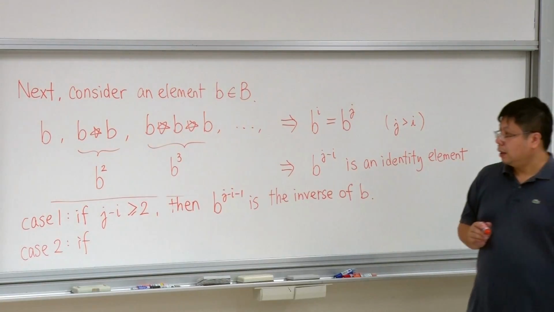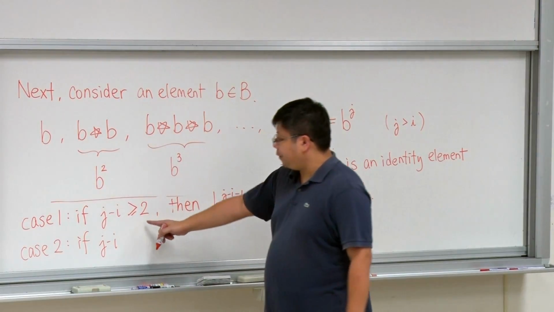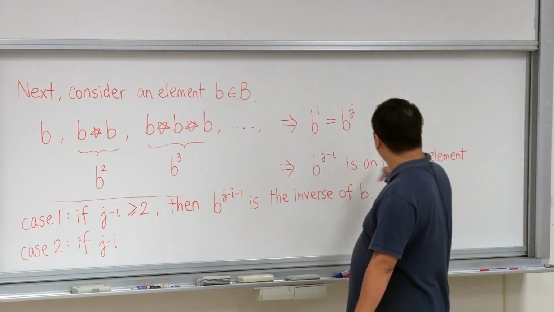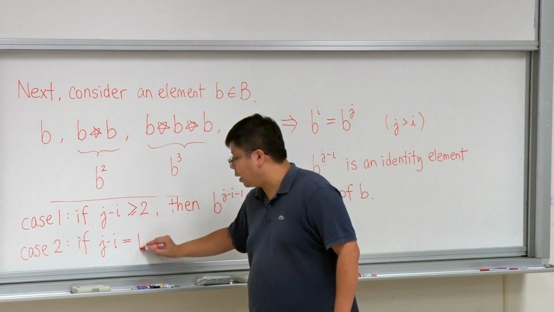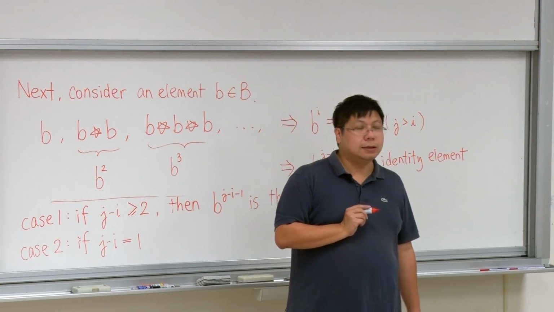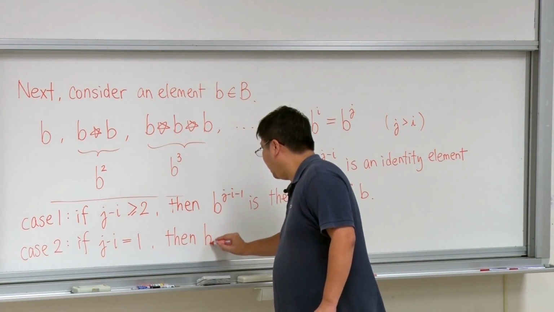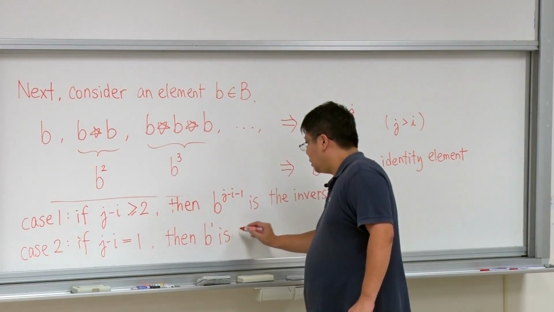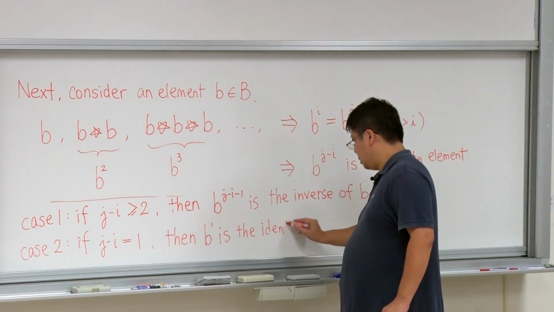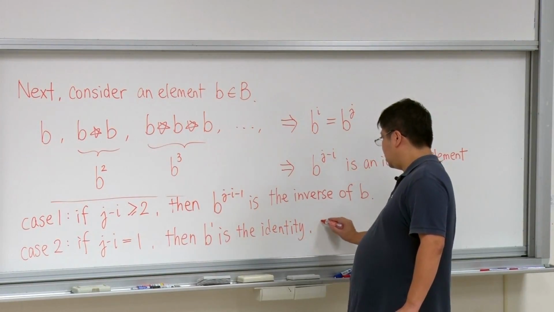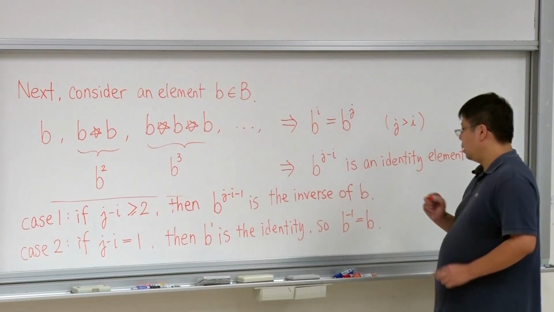On the other hand, if j minus i is not greater than or equal to 2, but j is greater than i, then j minus i is equal to 1. Then b to the power 1 is the identity. This means that b is the identity, so we will have b inverse is equal to b.